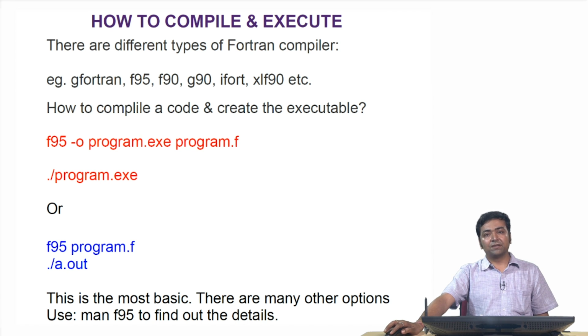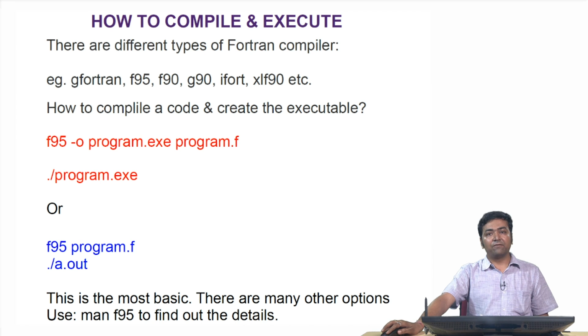Now the question is, after I have written a code, how to compile it and create the executable. You can do it in two ways. One way is from the command line you type f95. I am assuming here that I am using this Fortran 95 compiler. F95, space, then -o, space, program.exe, space, program.f.